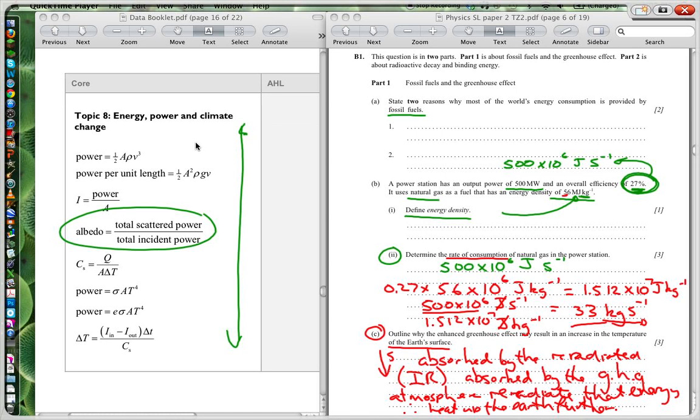So that's why when you have a cloudy night, the temperature doesn't drop so much, because the energy is absorbed by the water vapor, and that re-radiates it and heats up the Earth further.